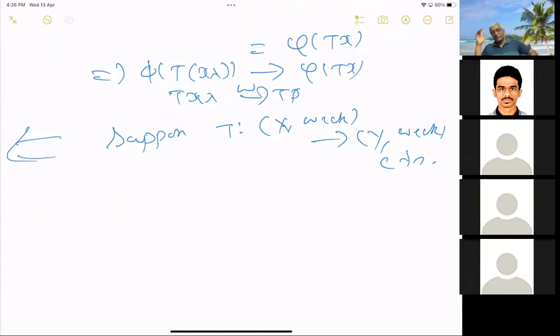Given epsilon, you have to produce an open set, a neighborhood such that this is smaller than epsilon.